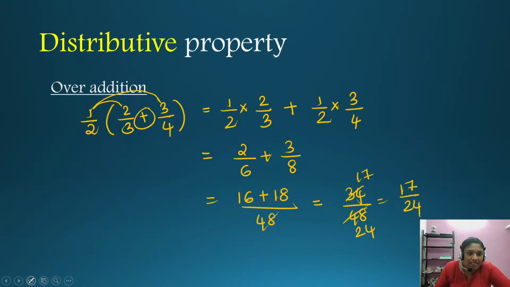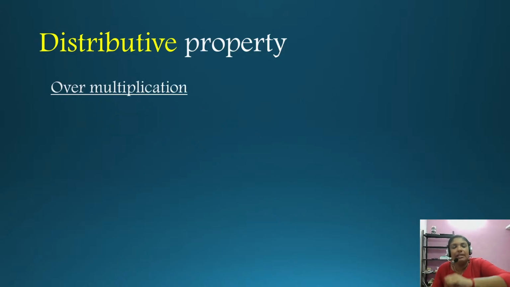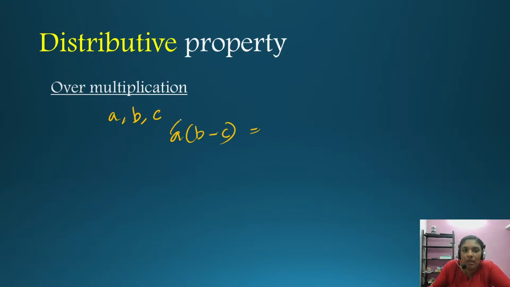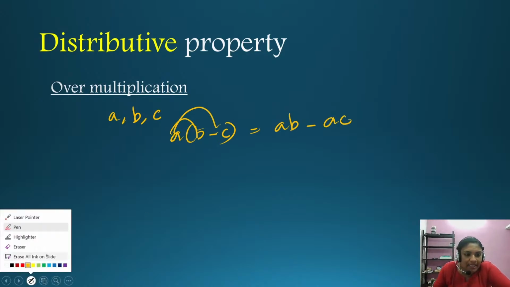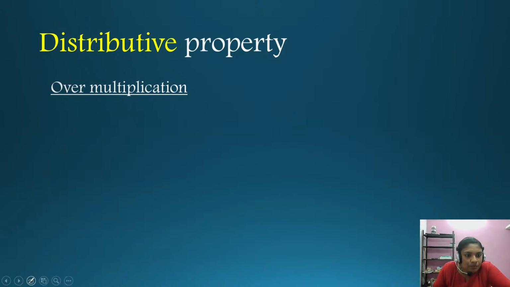Okay, now let's see the next one. Distributive property over multiplication. Here as well, if A, B, and C are three rational numbers, then A into B minus C will give you A into B minus A into C. Okay, let's see this using examples. 1 by 3 into 2 by 5 minus 1 by 4.